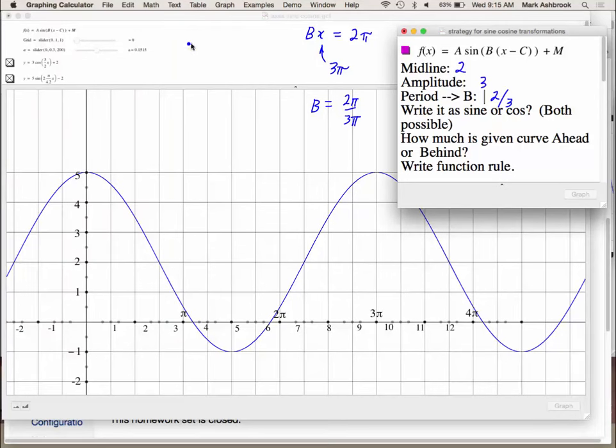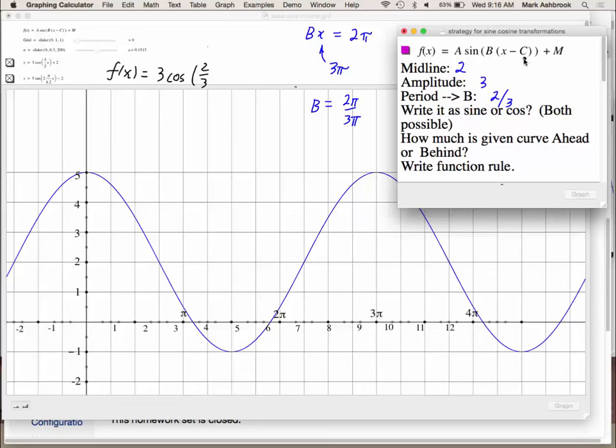It's easier. So we could write, let's call it f of x. It's going to be in this form, but cosine. So what is a? 3. Give me more room here. 3 cosine. B is our 2/3.